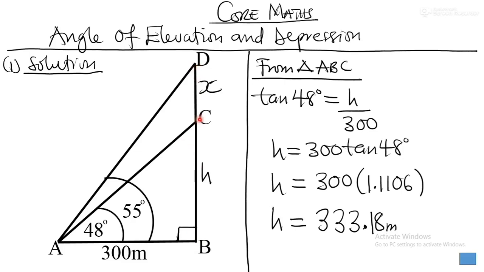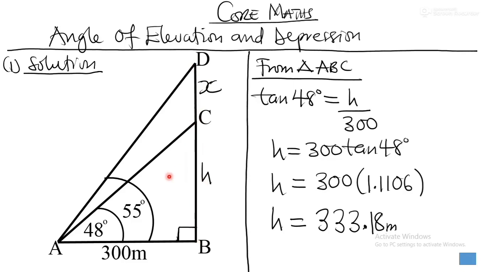It means that to find X, the height of the pillar, since we know the distance BD, we can subtract the distance BC from it, and that will give us the distance CD, the height of the pillar. In other words, if we subtract the height of the cliff from the distance BD, we'll get the height of the pillar.